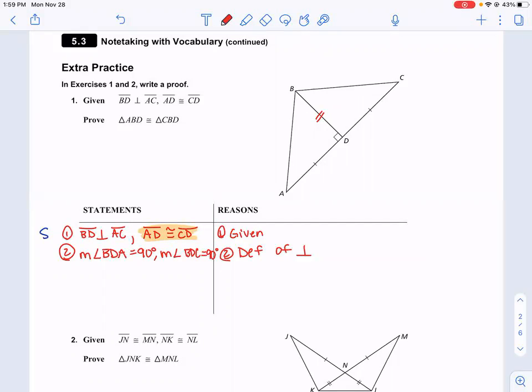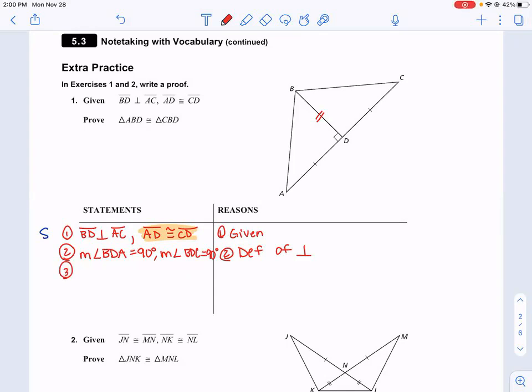Okay, we're getting there. Some people are ready to be done with the proof. I get that. You need two statements saying a side is congruent to a side, and one statement where an angle is congruent to an angle. I don't have an angle congruent to an angle in my proof yet.